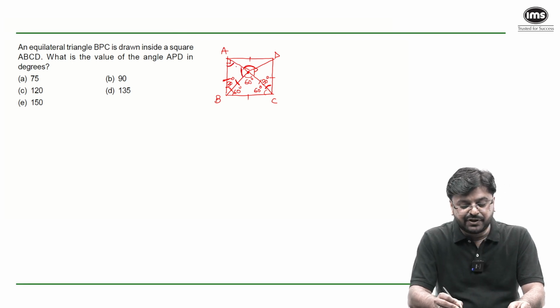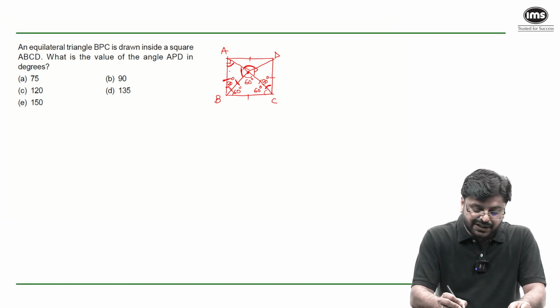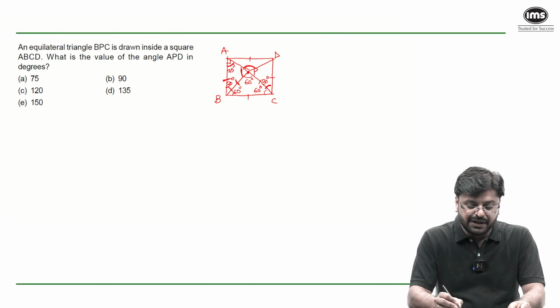And the sum of the 3 angles is 180 degrees for any triangle. So, angle ABP is 30 degrees, which means the sum of the remaining 2 angles should be 150. That means angle BAP equal to angle BPA equal to 75 degrees.